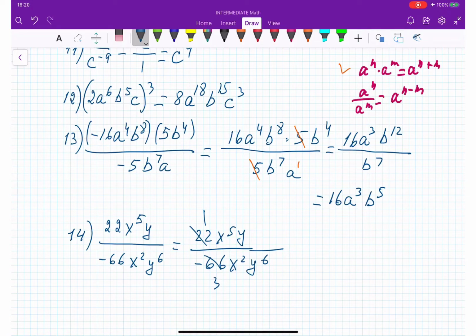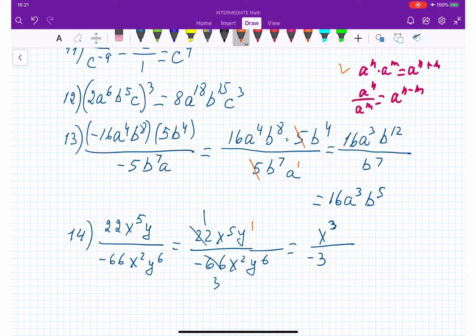So 5 minus 2, it's going to be 3. This is going to be negative 3 here. X to power 3 is going to be here, because degree 5 is the biggest degree. So the remainder stays where the biggest degree is. And then y to power 1, here is y to power 6.